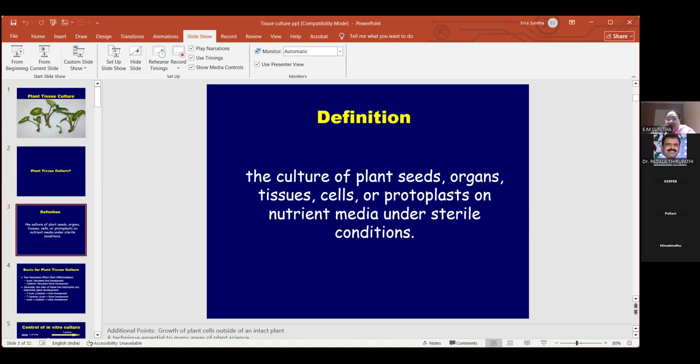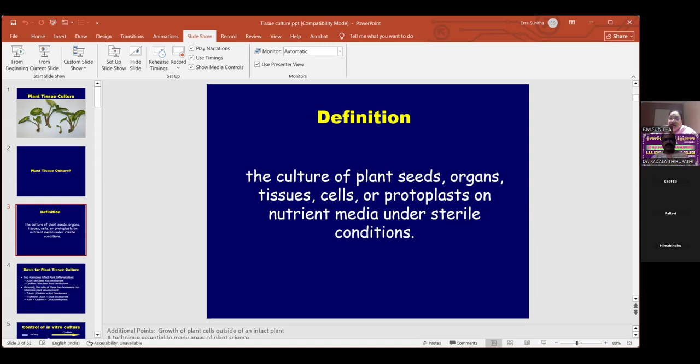The definition says that we can culture a whole plant using the seeds or organs or tissues or cells or protoplast on a nutrient medium, that is an artificial nutrient medium under sterile conditions. Whatever the plant material is, it can be used as an explant from which you can culture the whole plant, but under certain conditions.